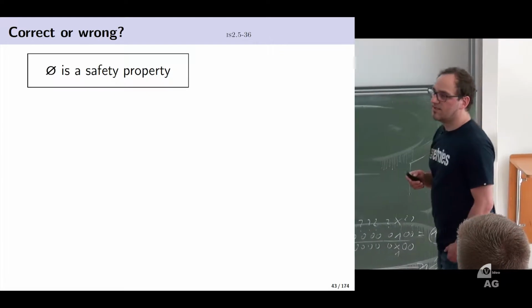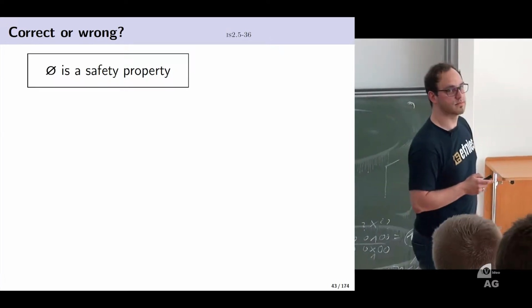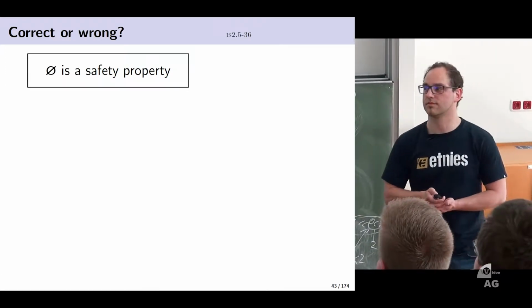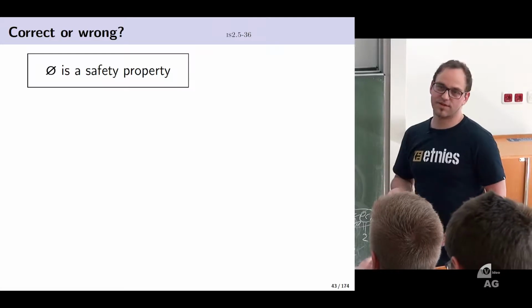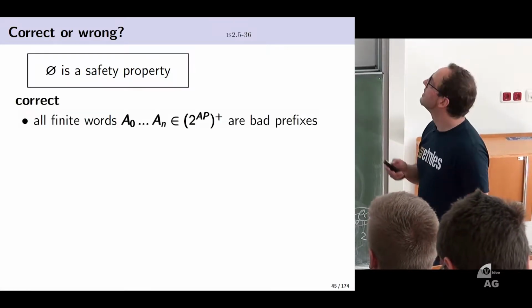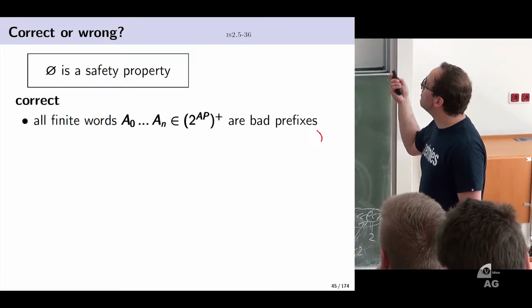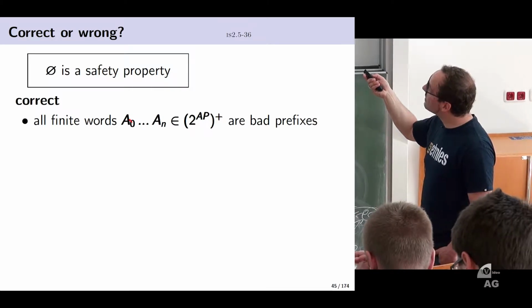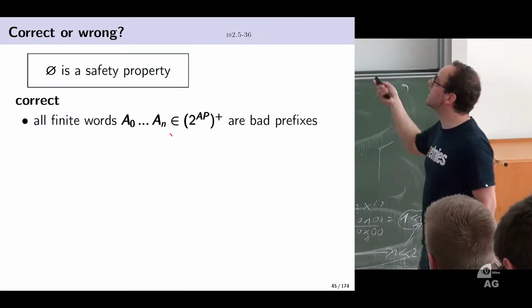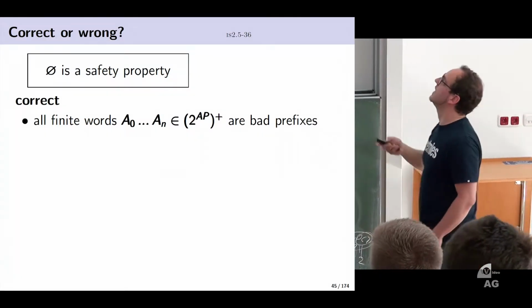Is the empty set a safety property? Well, yes, because it's even an invariant, right? Actually, all finite words are bad prefixes, because after having read the first item, you can already say that you cannot complete this trace to ever be in your property again.